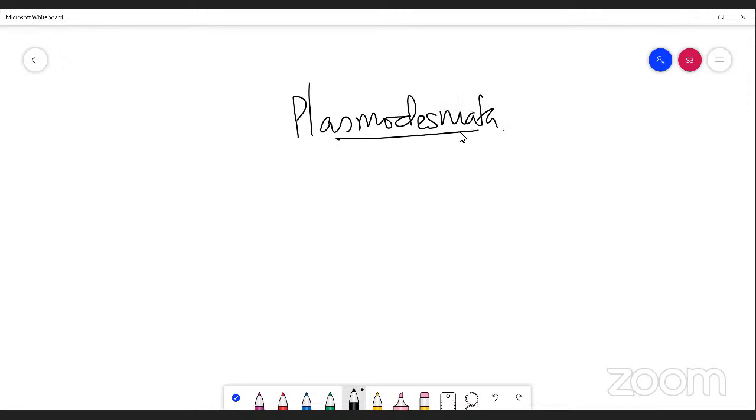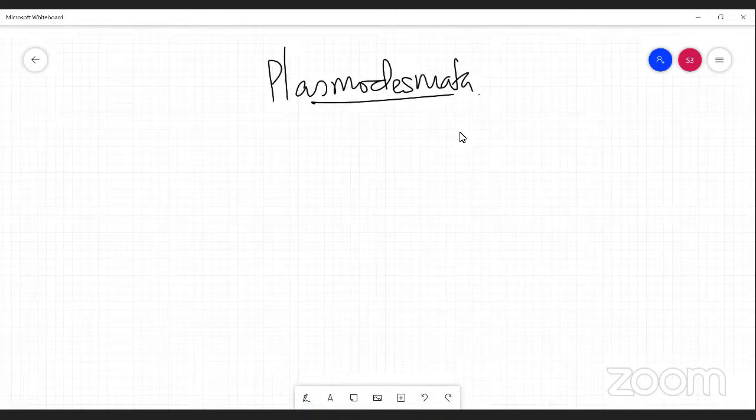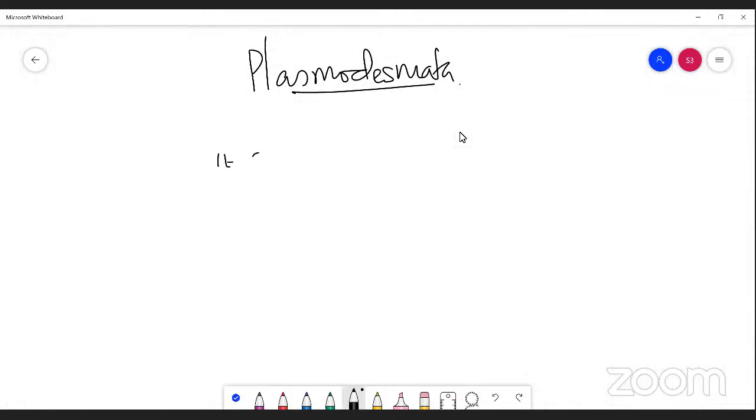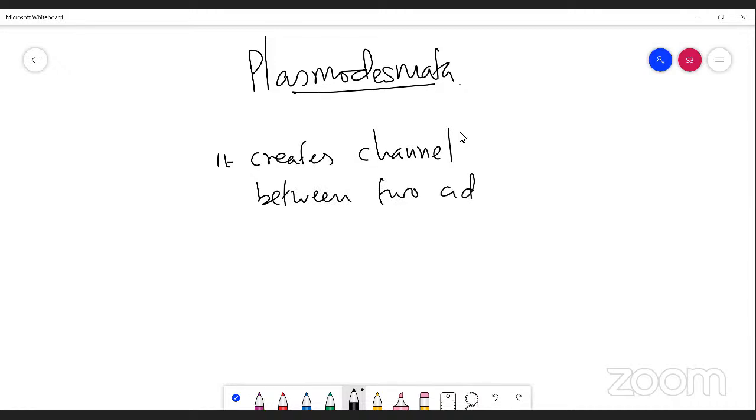Actually, this plasmodesmata simply creates a channel in between two adjacent cells, right?